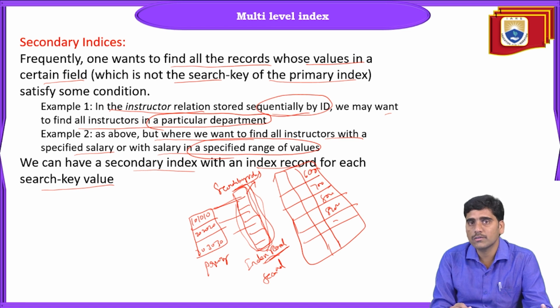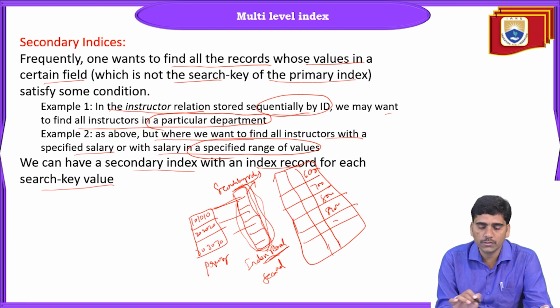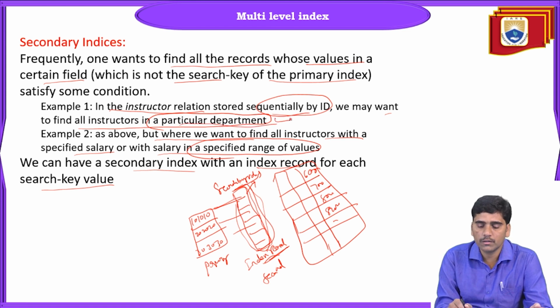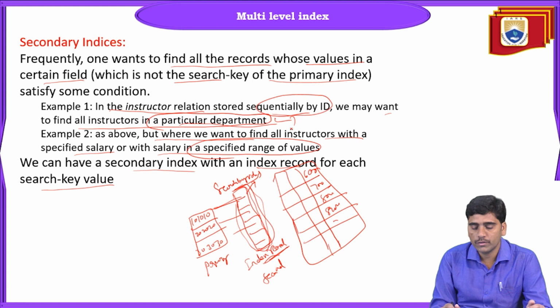Based on the question, for example what instructor salary range. From this question, we may want to find all instructors in a particular department. So we need to take the department as the search key value.